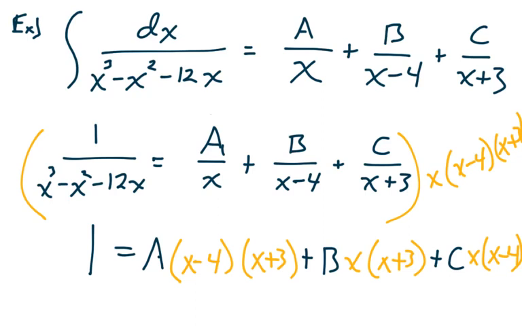Organize the terms, do the distributive property, multiply out, and then try to organize your like terms. Coming up next.